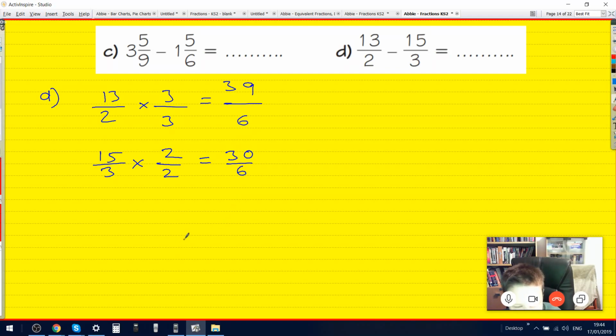And so what do you do next? You then simplify it. Well, you wanted to subtract them. Yes. So 13 over 2, that was the same as 39 over 6? Yes.